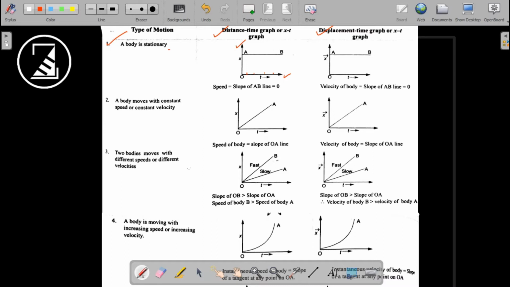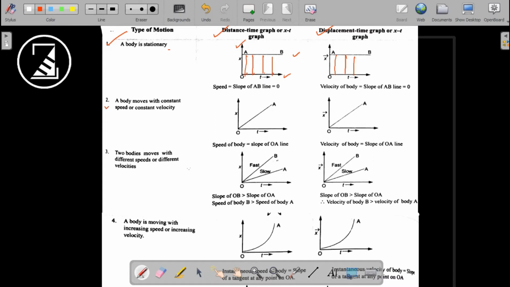So we will get a straight line parallel to the time axis. Here, time is increasing but distance is fixed. Here displacement is fixed. That means the body is not changing its position with respect to time. So the body is stationary.